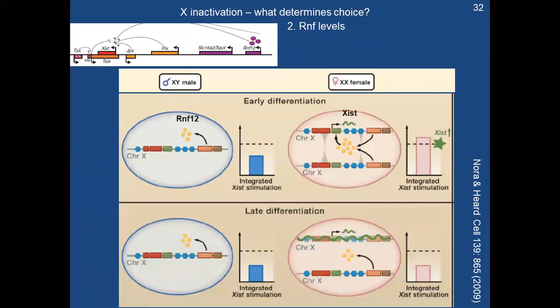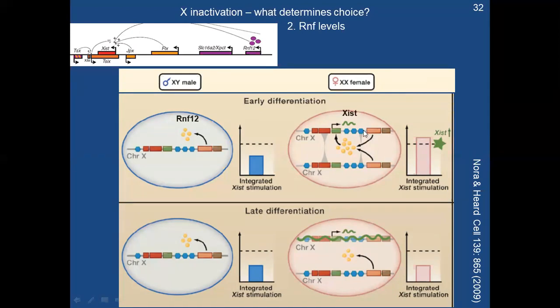Mechanism number two is the amount of RNF12 protein. Now remember, in this figure you can see RNF12 protein is a positive transcriptional activator of Xist. So if you have a lot of RNF12 protein around, you are going to transcriptionally activate Xist. But in the males, you have only one RNF12 gene, whereas in the female, you have two RNF12 genes.